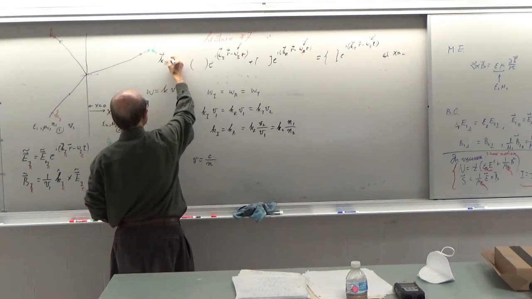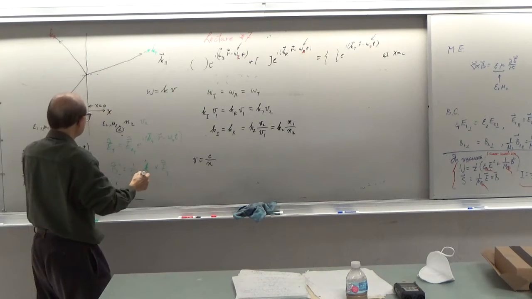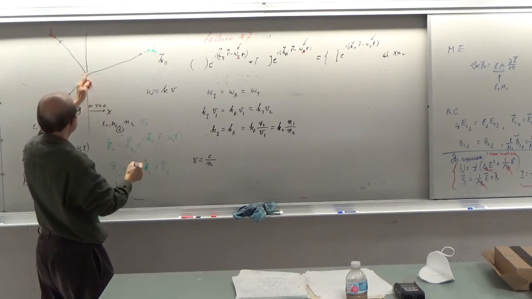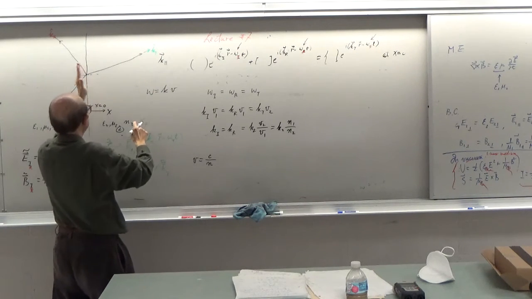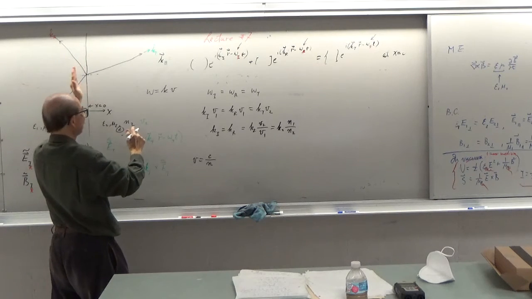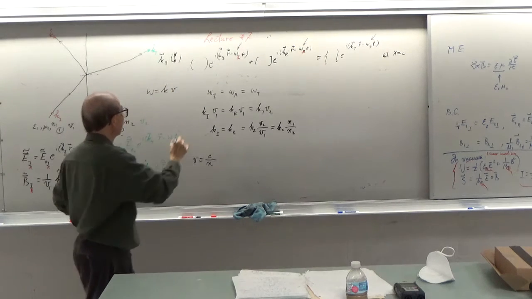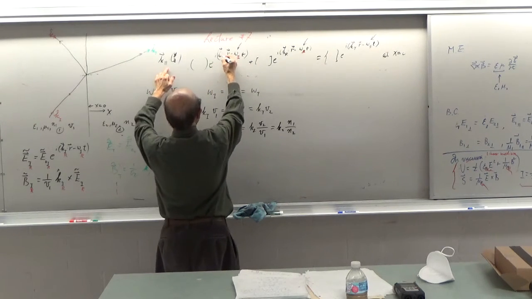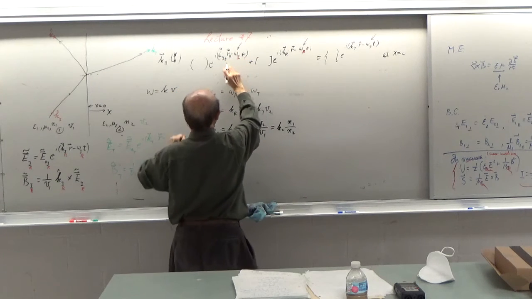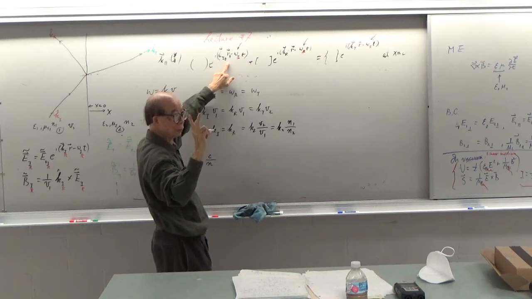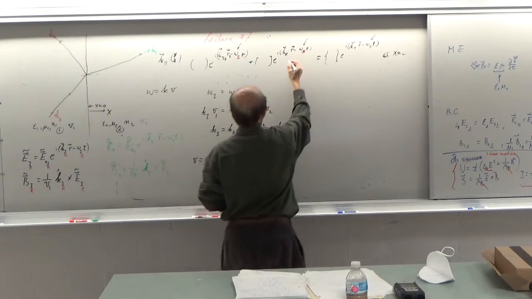So if I take the direction perpendicular to the interface as x, then the parallel components would be the y and z components. So I only have to take a look at the parallel components. Parallel has two components, y and z.